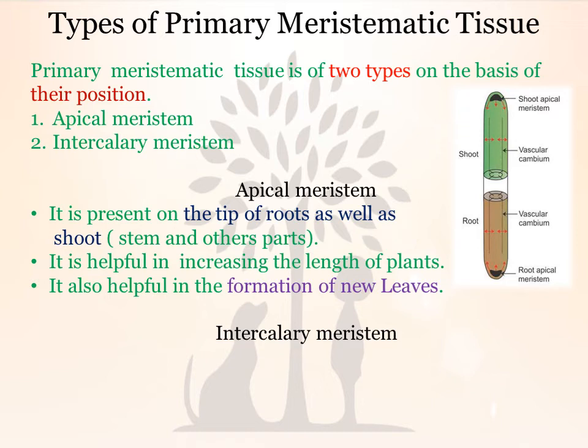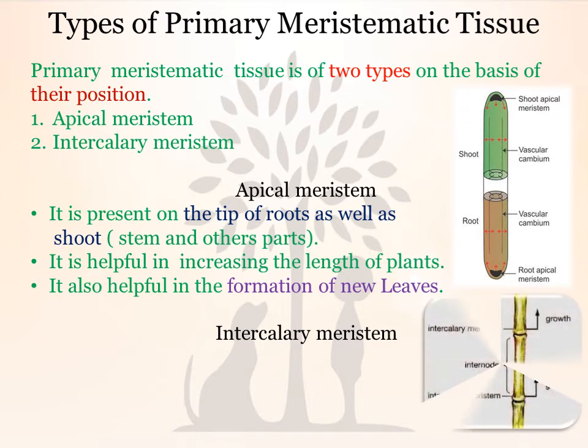Now the next part is intercalary meristem. So this is the part of intercalary. Students, you are seeing here the internode part, and two internodes combine at this part, which is the node. So intercalary is the type of meristematic tissue which is present on the internode near the node.